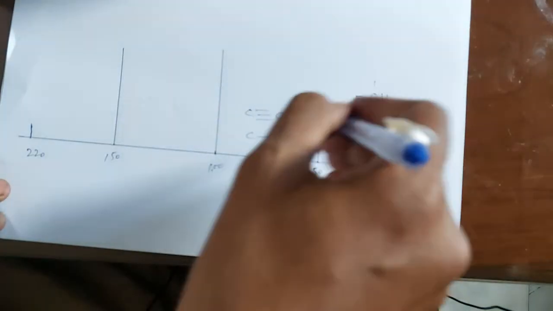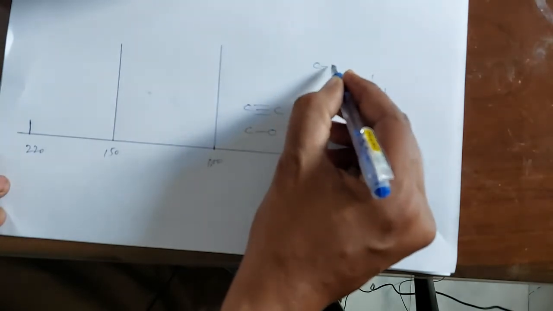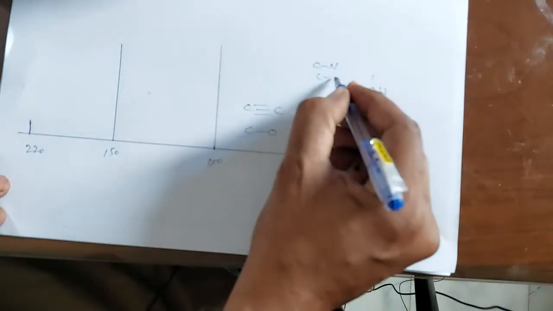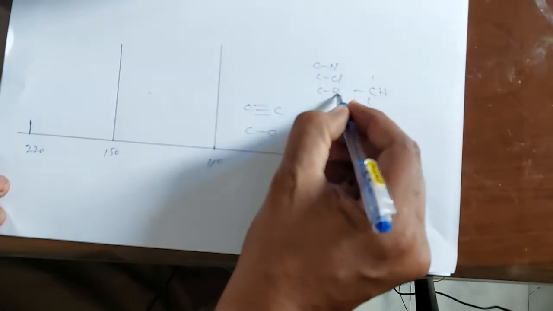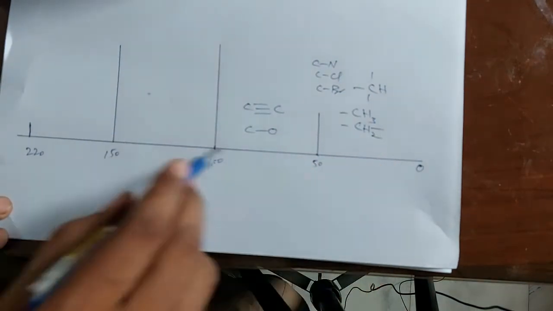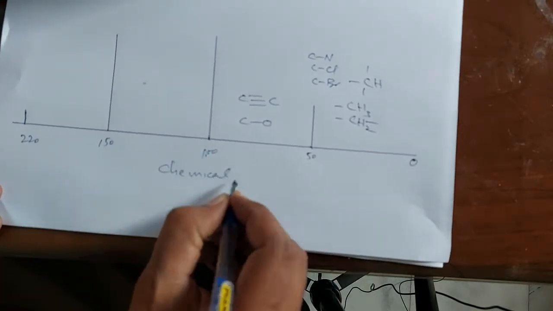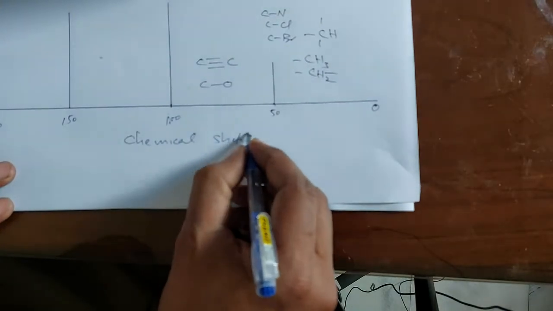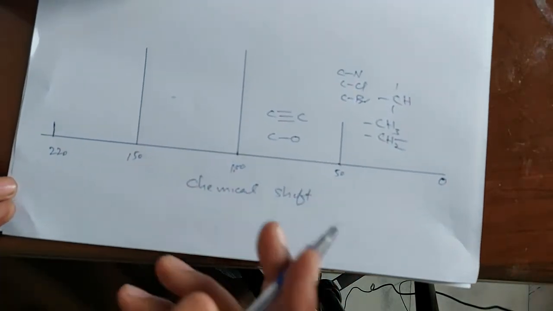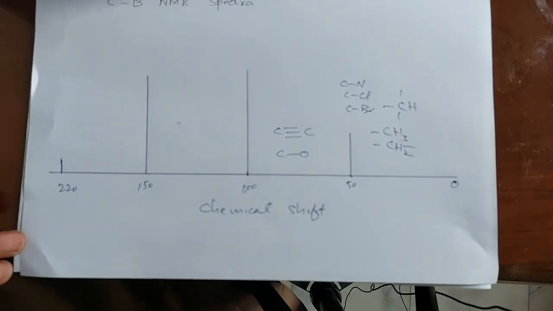And around 50 ppm, there is a possibility of carbon-nitrogen, carbon-chlorine and carbon-bromine bonds appearing. This is the chemical shift, the range of chemical shifts on which the signals will appear.